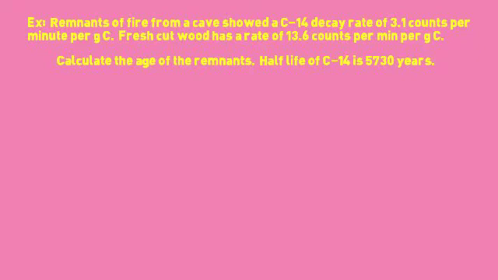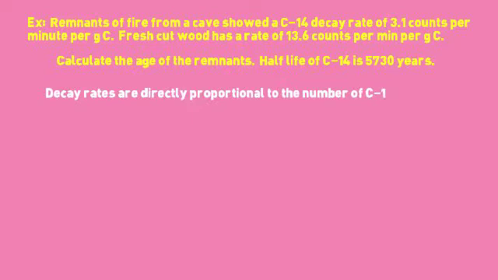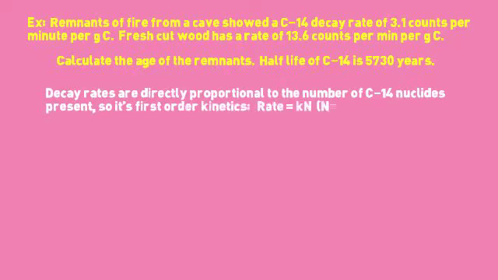Now we're going to go back to things we've already learned before. Decay rates are directly proportional to the number of carbon-14 nuclides. So, what kind of kinetics is it? It is first-order kinetics. So rate equals kN, and N is the number of nuclides.